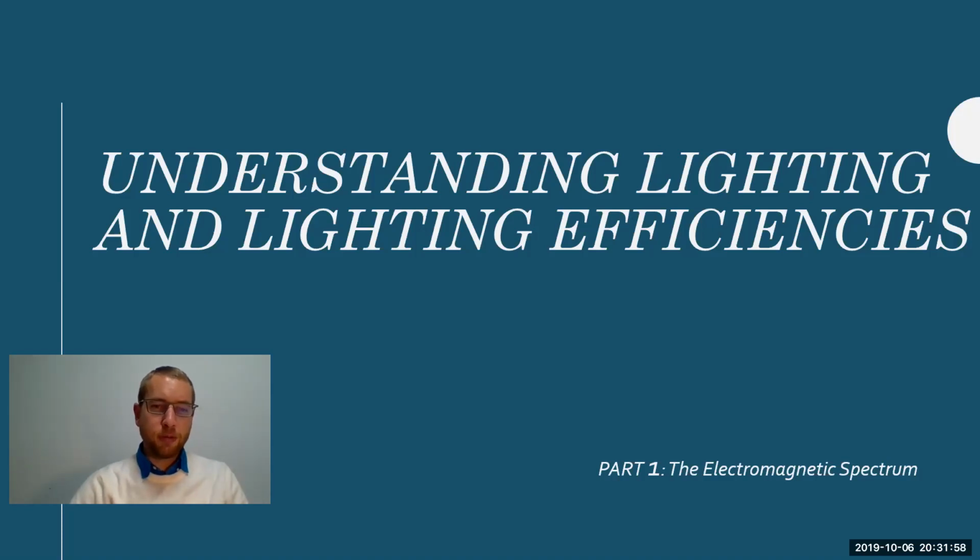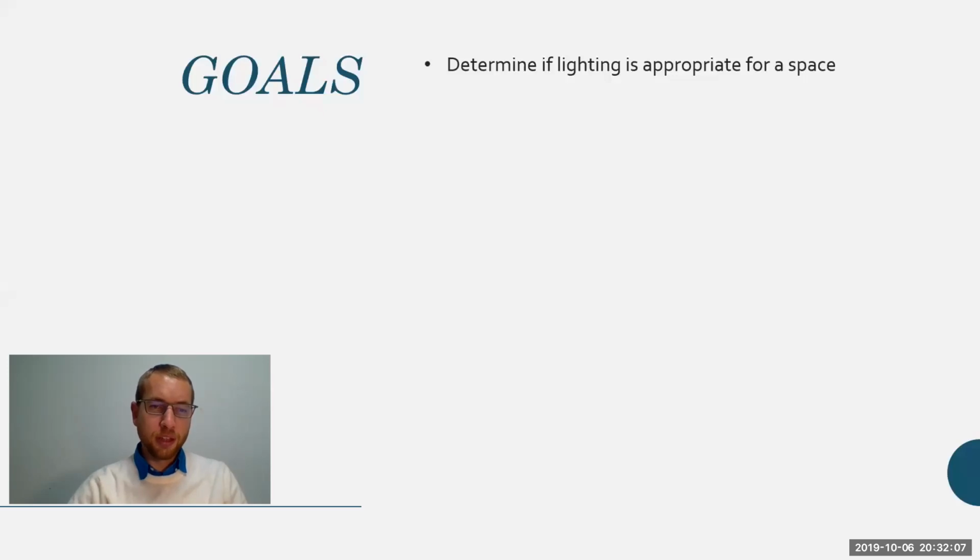In this module, we'll be going over how to understand lighting and lighting efficiencies, starting off specifically with the electromagnetic spectrum. The goal of this portion of the course is to give you students the tools to be able to walk into a room and say with some confidence, some certainty, whether the lighting in that space is appropriate or not.